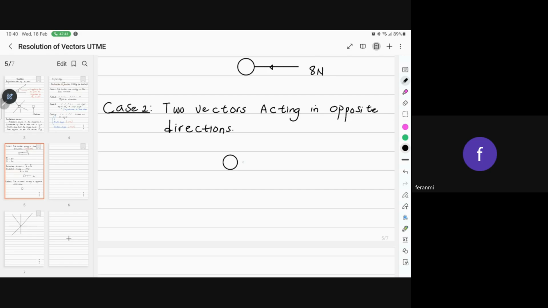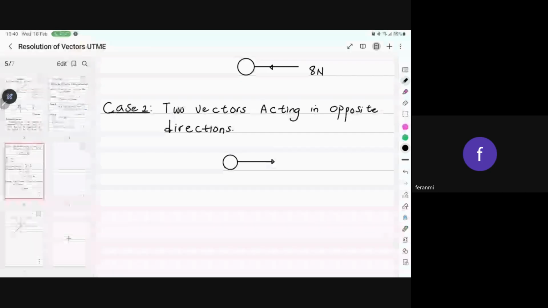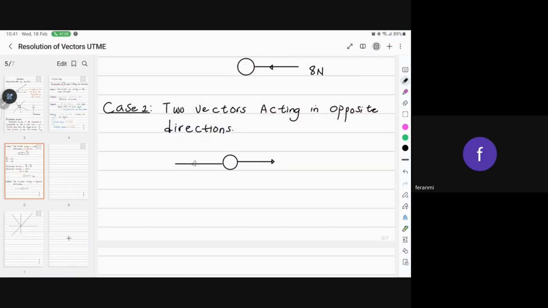So now when we have them acting in different directions, we have this guy acting this way, and the other guy acting the other way. Now let me increase it, because the length has to do with the magnitude. Let's say this guy is acting in this direction.